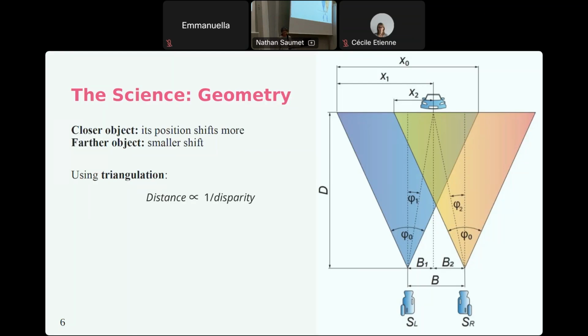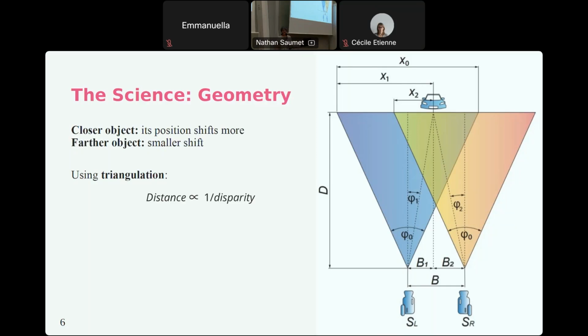Thank you for your presentation. Why did you choose stereo vision instead of LiDAR for distance measurement? LiDAR is more accurate, but it's expensive, it has complex maintenance, and it consumes a high level of energy.